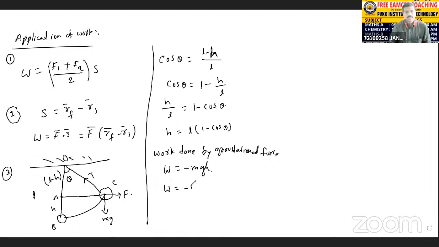Here h represents L into (1 minus cos theta). This is another formula: W is equal to minus mgL into (1 minus cos theta). Okay. Next, another formula.